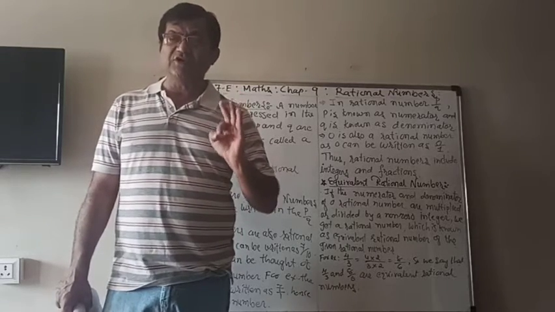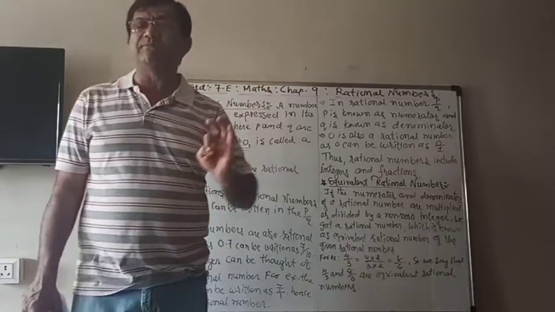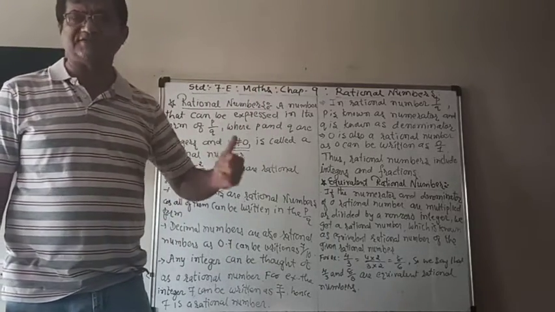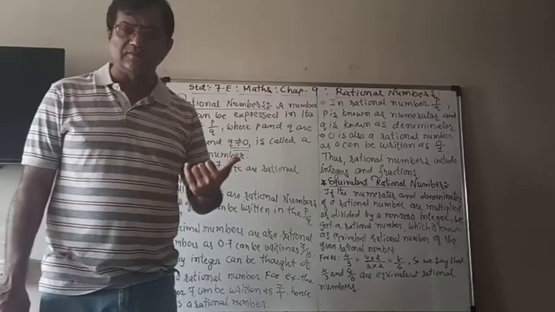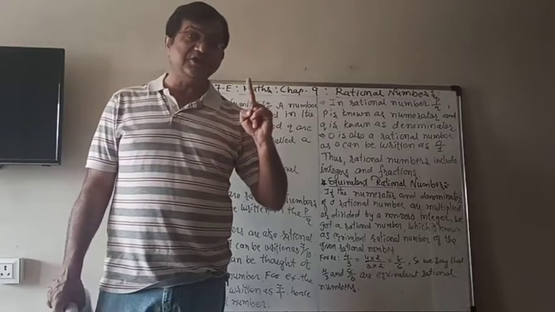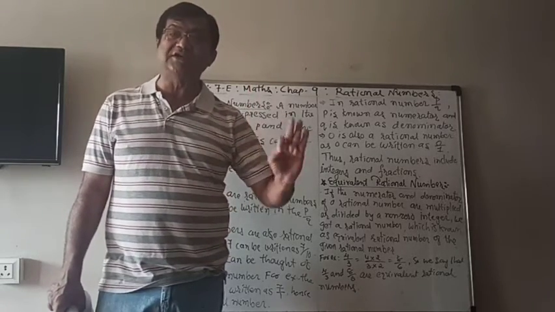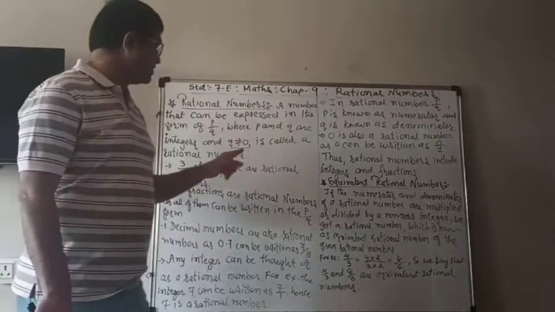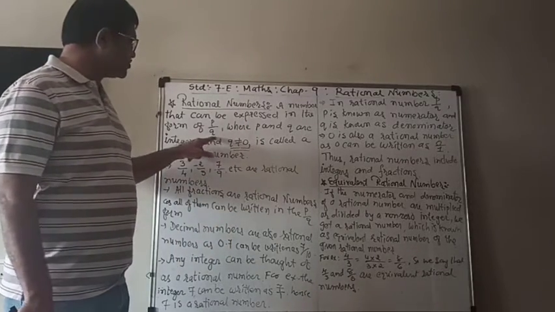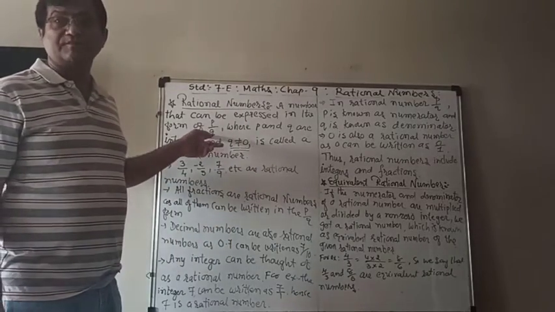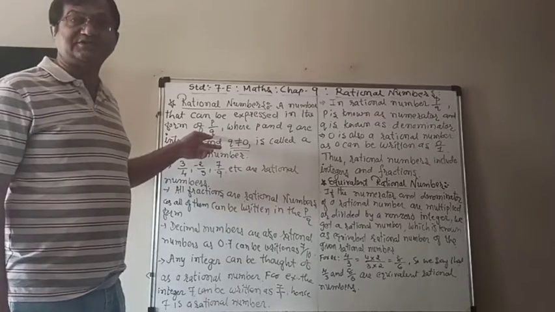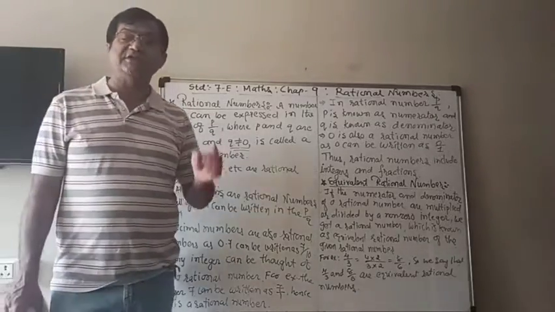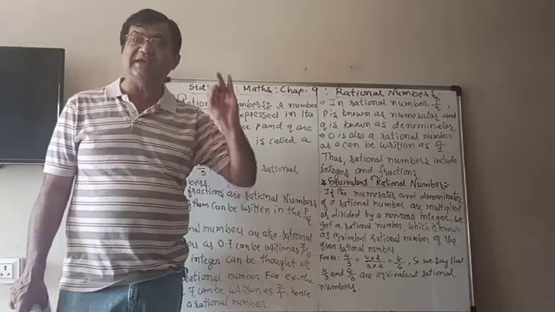So, if you can express any number in the form of P upon Q, where P and Q are integers but Q is not equal to 0, it means that in the place of Q we cannot place 0. Any number except 0. And in the place of P you can put any integer.